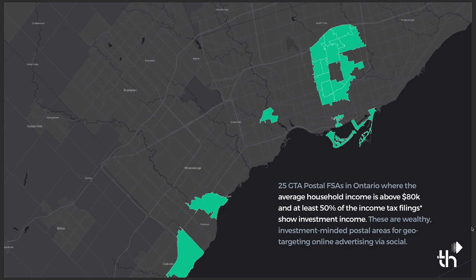Specifically, these green boxes represent $80,000 or more in annual homeowner income, and at least 50% of the income tax filings in this postal code showed investment income. So essentially, we're looking for people that are affluent, that have investable wealth, and that are investing that wealth, based on the fact that more than 50% of the population is investing their assets.